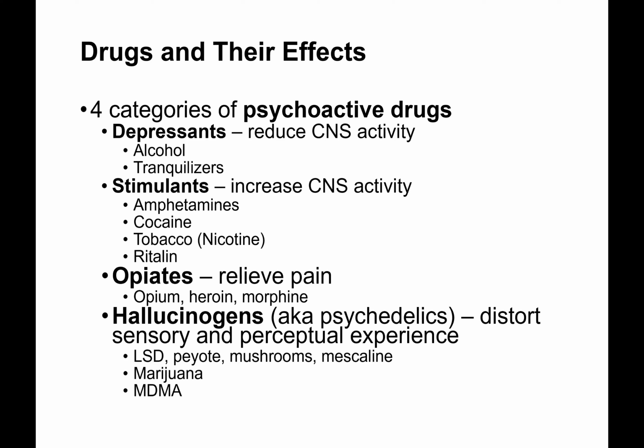So we're going to start with talking about depressants. As a whole, depressants reduce our central nervous system activity. So CNS means central nervous system. Okay, so that way you know what CNS means, in case you forgot.